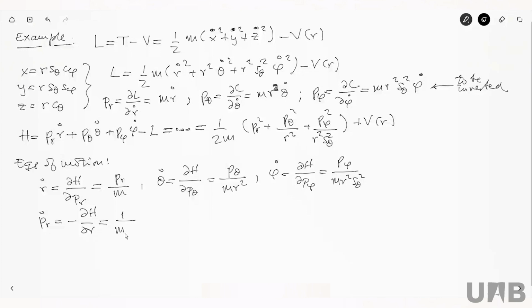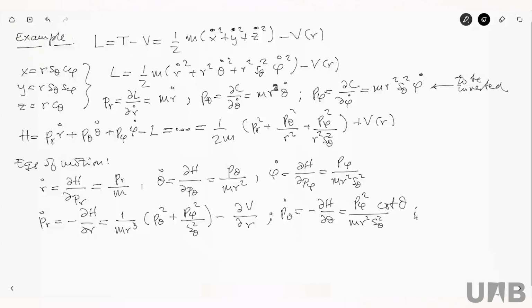So this is 1 over m r cubed times p sub theta squared plus p sub phi squared divided by sine squared theta, close parentheses, minus now the gradient of V with respect to r. p sub theta dot is minus dH/d theta, and this is p sub phi squared divided by m r squared sine squared theta, and this is cotangent of theta.